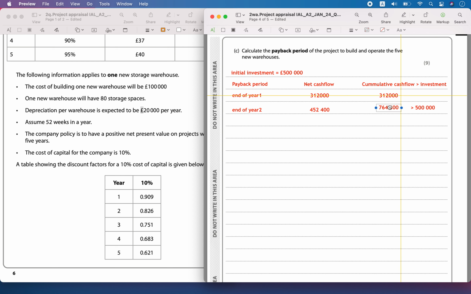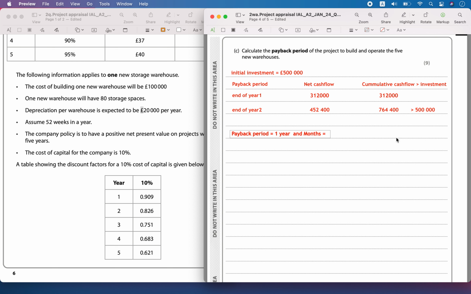So at the end of year 1 it has not yet become positive, and then in year 2 we have to work out how many more months it takes. The payback period is going to be year 1, since until year 1 I have not yet recovered my initial investment. In year 2 I have to calculate the months, which depends on the remaining amount.